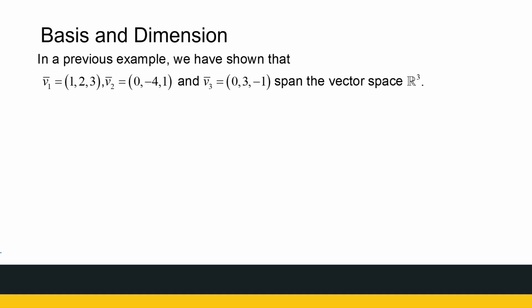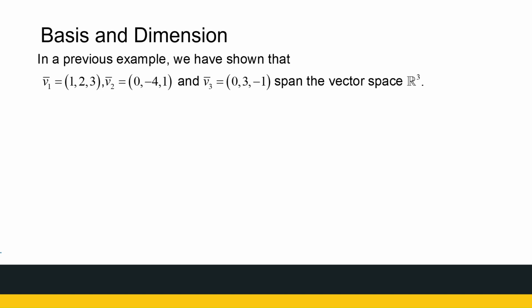In a previous video, when we looked at the concept of span, we looked at these three vectors, v1, v2, and v3, and we showed that they span the vector space R3. What that means is any element of R3 can be written as a linear combination of these three vectors.